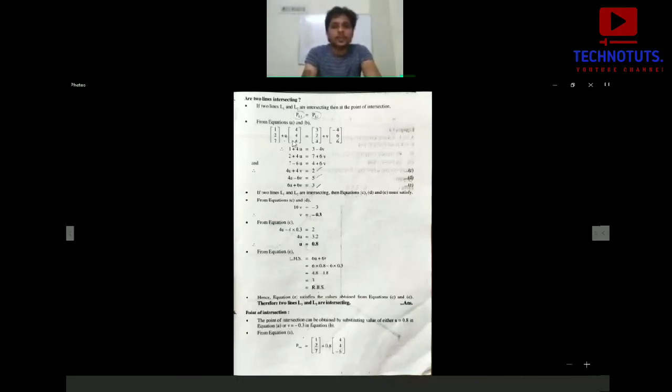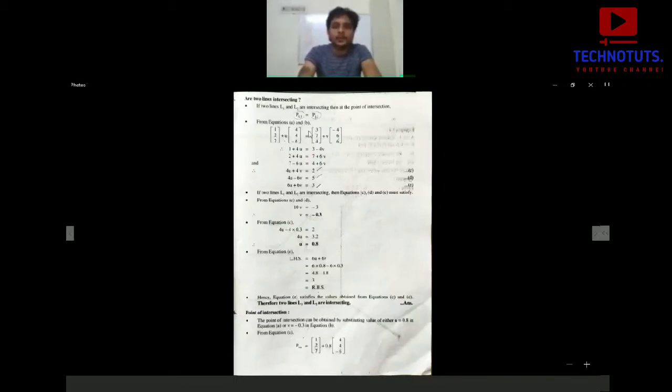From the previous equations, we know that PL1 is equal to PL2. If the two lines L1 and L2 are intersecting lines, their point of intersection should be the same. That means point P1 should be equal to point P2. Both lines will intersect at the same point. Only then can we say that the two lines are intersecting.